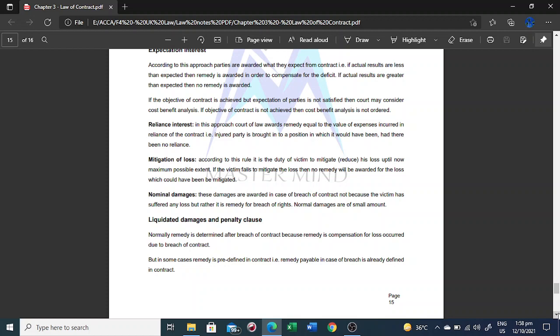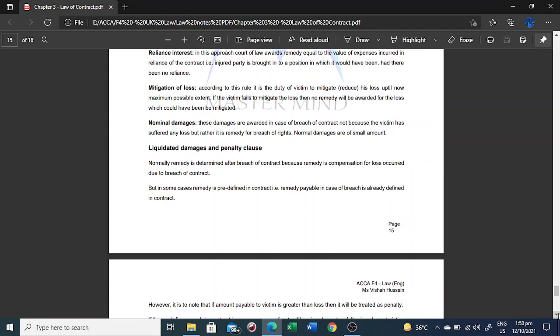Mitigation of loss. As per this rule, it is the duty of the victim to reduce his loss as much as he can. But if the victim has failed to reduce his loss, then no remedy will be awarded. What do we mean by that?